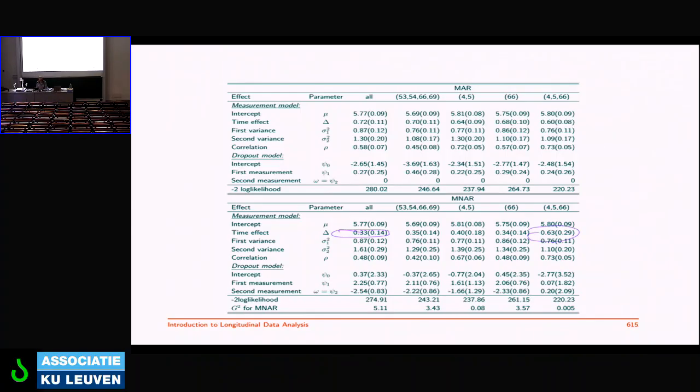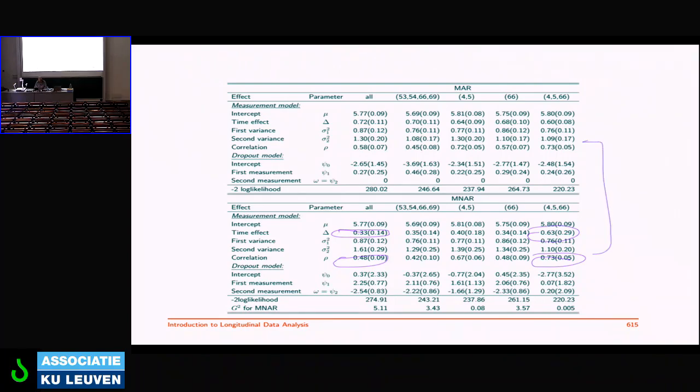So a removal of 4, 5, and 66 under missing not at random does have an impact on quite a few parameters. Even the correlation is medium, versus the correlation is much higher after removal. So you do get a different picture.